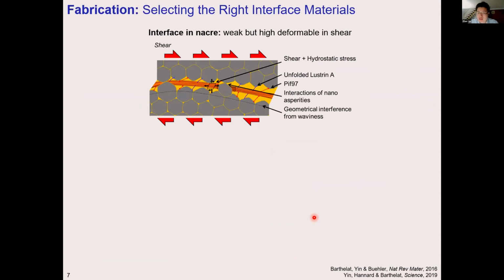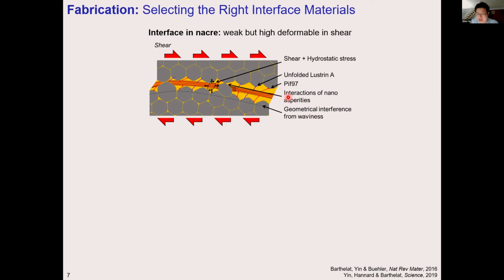So the second part of the fabrication is to choose the right material, especially for the interface material, because in those biological materials, that organic soft interface is really important. For example, in Nacre, they are actually weak in strength, but they are highly deformable in shear and use shear deformation to dissipate a lot of energy.